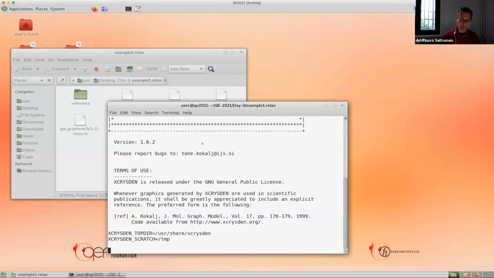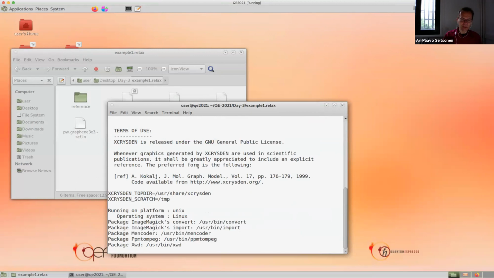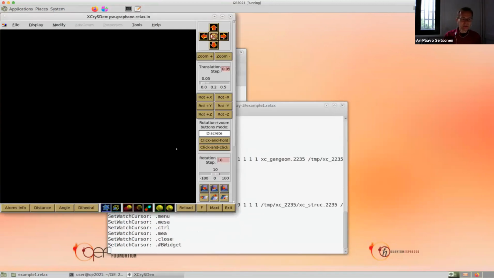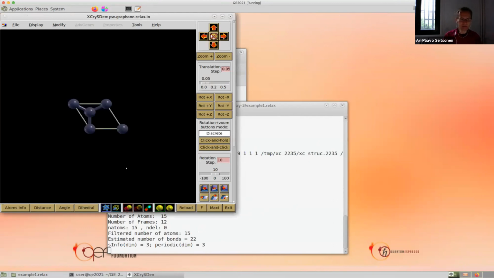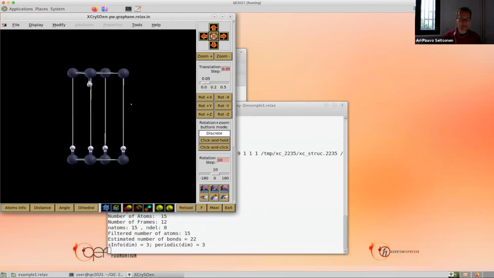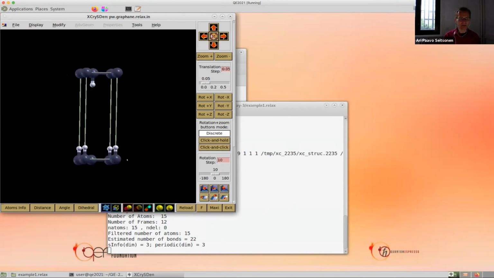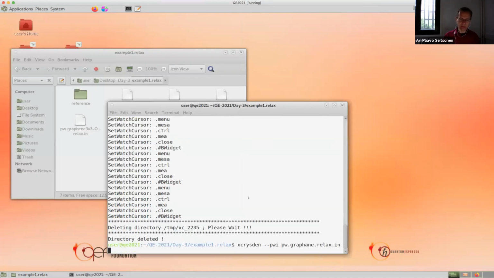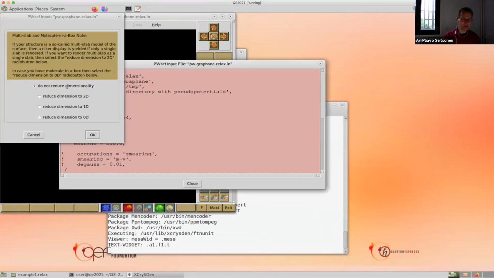So we now launch the code. I could reduce the dimensionality. Now you see what is the difference. If I don't reduce the dimensionality, then you see some atoms are above, some below, but it is easier if I go back and reduce the dimensionality, then it's clearer for you.